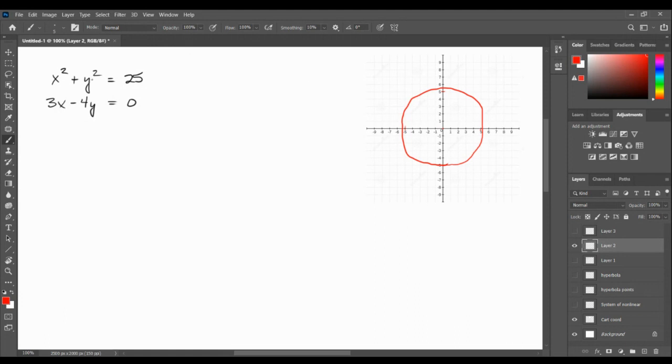Something like that. And then this second one, I'm thinking, you know what? I like the slope-intercept form. So I'm going to move 4y to the other side and then divide by 4. So I get mx plus b, where b is 0.